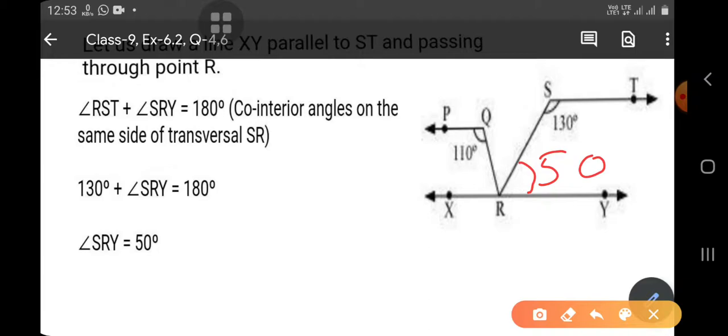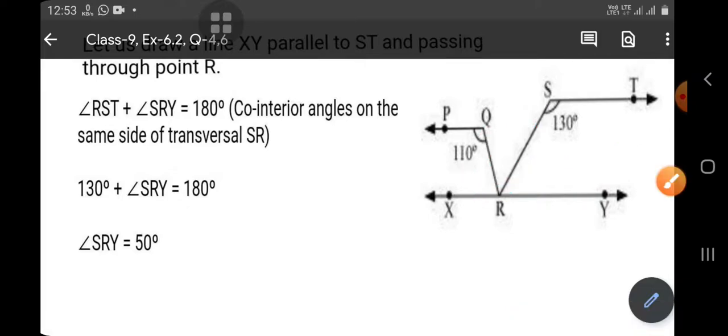Now if we find this angle, and as it is clear in the picture that this is a straight angle, then the sum of these three angles is 180 degree, and we can find out angle QRS. So let us find this angle.